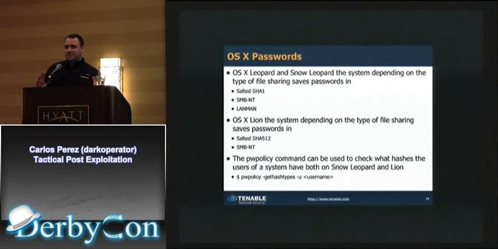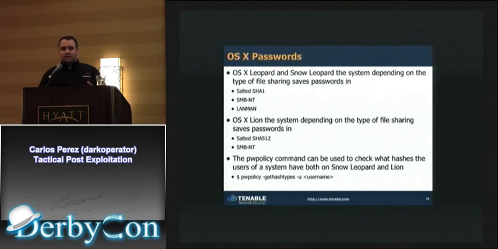But this is the coup de grace, what I really, really, really like in post-exploitation on Apple boxes. If I get access to Leopard or Snow Leopard, they save their shadow passwords by default under salted SHA-1. That tends to be kind of hard to break, but they're so nice to us that if we decide to enable SMB sharing, it will save an SMB NT and a LanMan hash for that password.